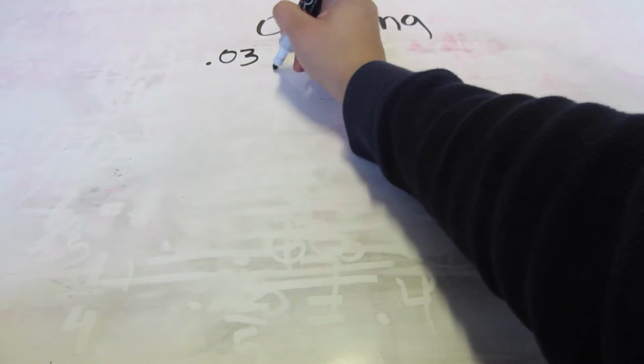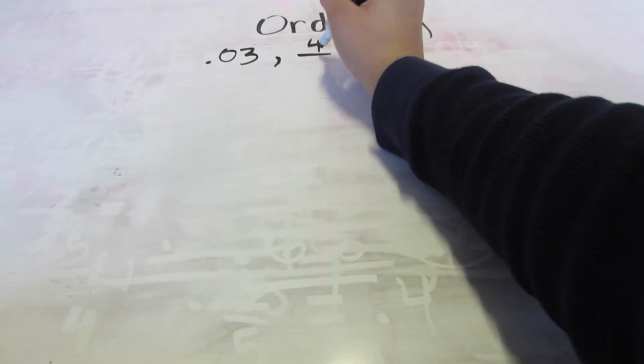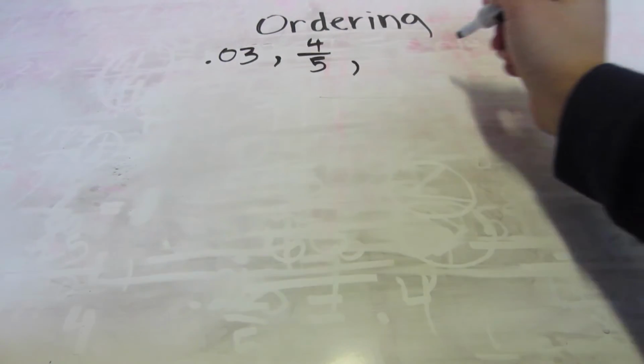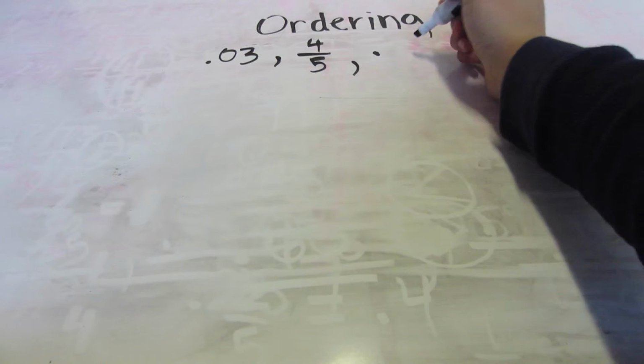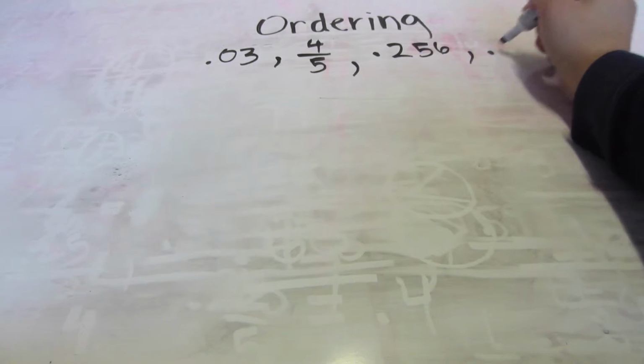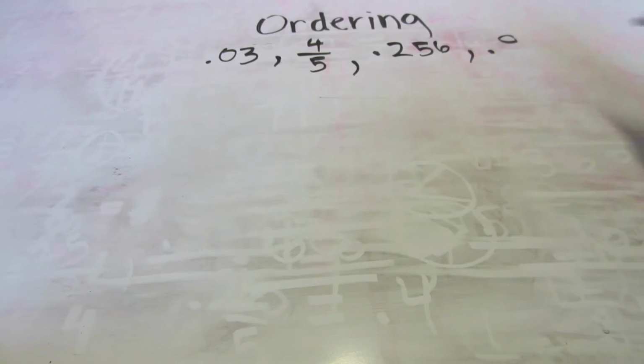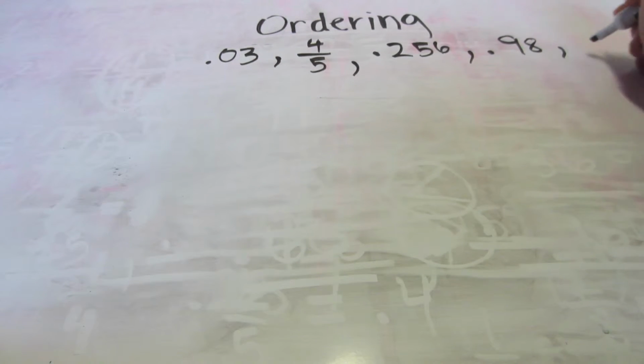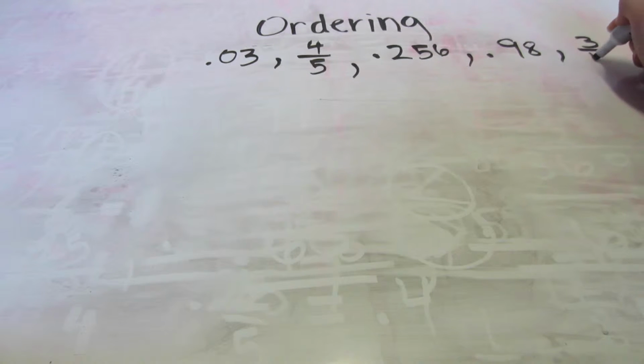When ordering decimals and fractions, it's a good idea to convert all fractions to decimals or to convert all decimals to fractions with a common denominator. In this case, we have 0.03, 4/5, 0.256, and 0.98 and 3/4.